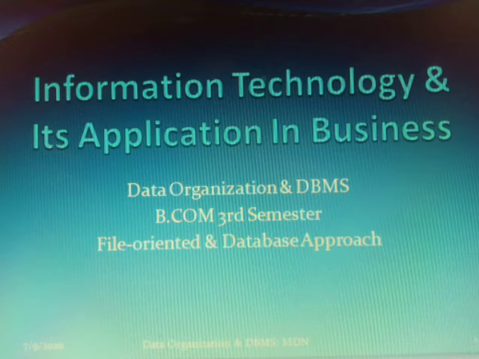Now this is another part which is more or less similar to this. We call it three schema architecture. Three schema architecture means the way the structure is made. A database schema is a layout of the database, or a blueprint that outlines the manner in which the data is stored in the database. Schema architecture describes the structure of a database in a formal language supported by the DBMS.